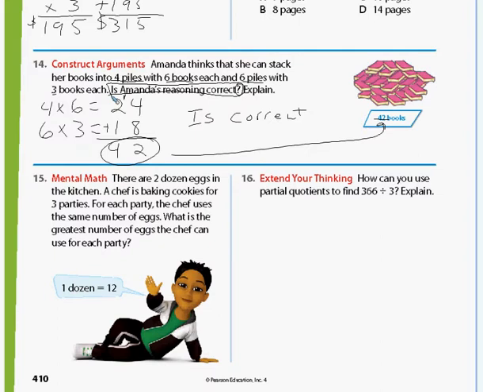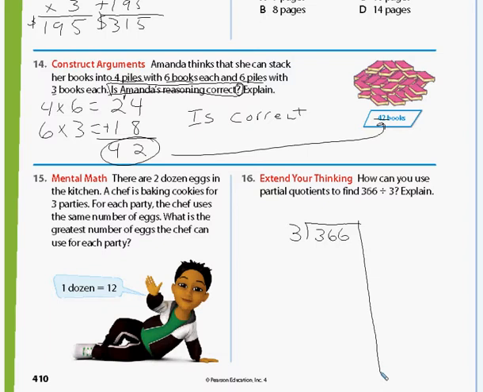And the last one we're going to do. It says, how can you use partial quotient to find 366 divided by 3? We'll just work through this problem real quick. So 3 is our divisor, and 366 is our dividend. I like to draw my line down and keep everything separated there.